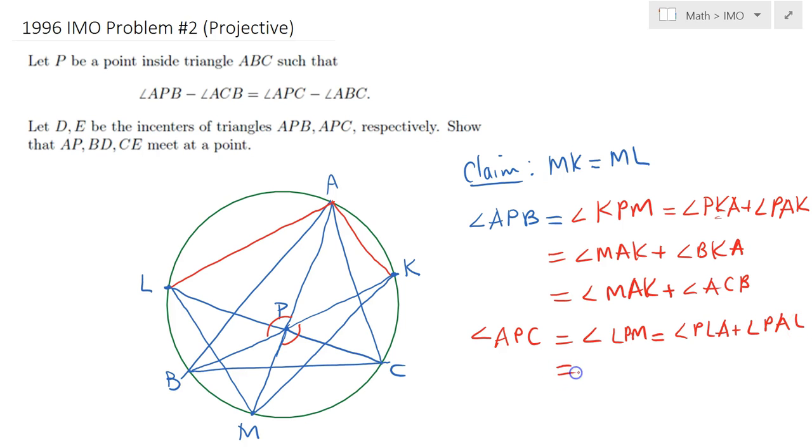PLA is the same thing as CLA, but CLA subtends arc AC, which is also subtended by CBA. So PLA is equal to CLA, which is equal to CBA, and PAL is simply equal to MAL.